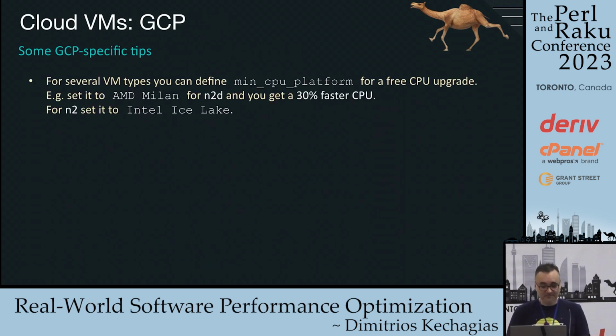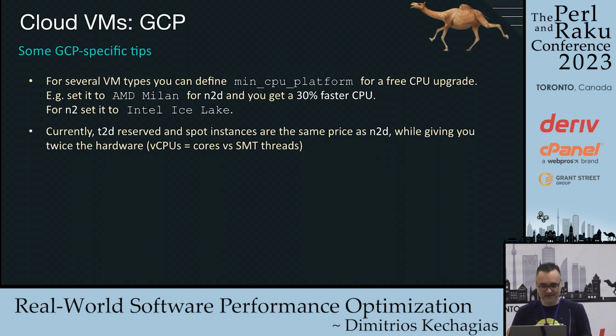And finally, some GCP-specific tips. You can just define this variable to get a free speed bump of 30% if you use N2D instances, for example. They go from AMD Rome to AMD Milan. You can get a bump for N2 instances going to Ice Lake.